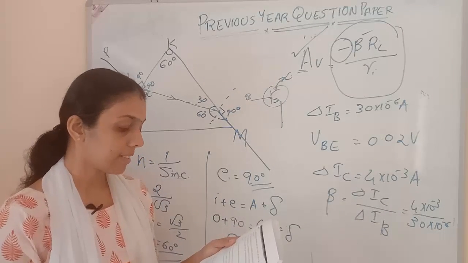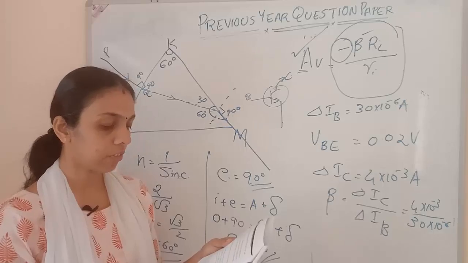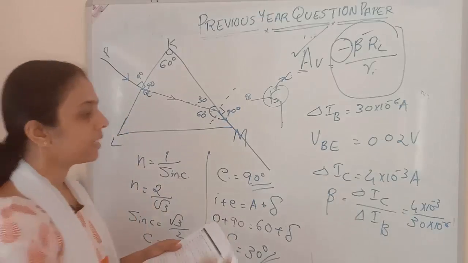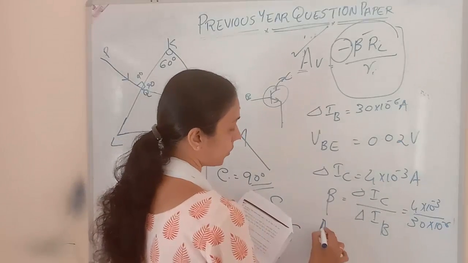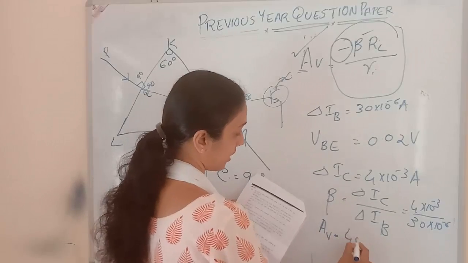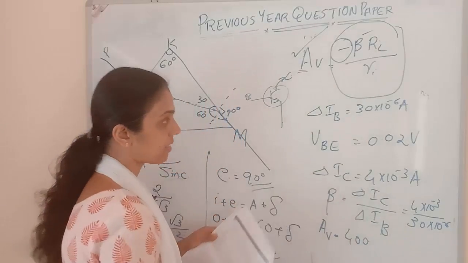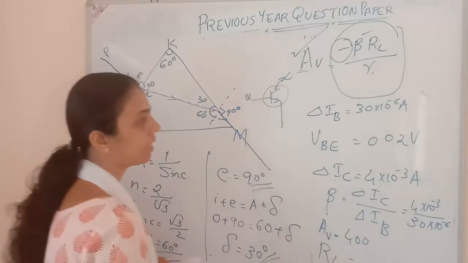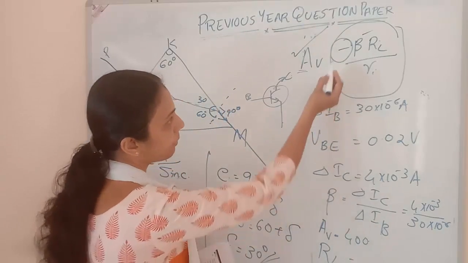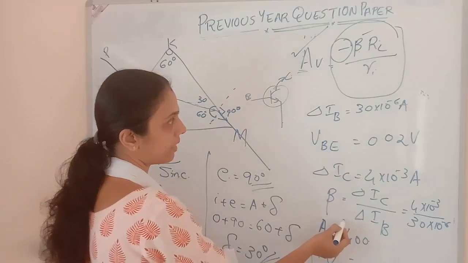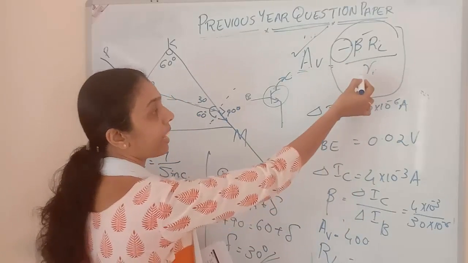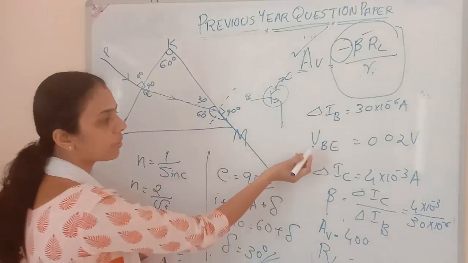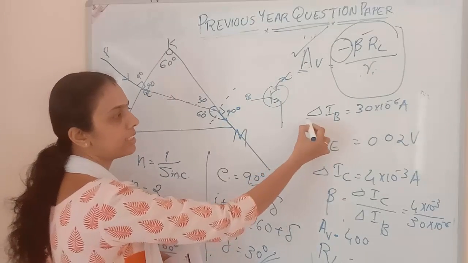And the load resistance, if the voltage gain of the amplifier is 400. Voltage gain is given as 400. We should find the load resistance RL. How can we find RL? Here we have beta and AV, but we don't have Ri. For that we have the voltage and current.